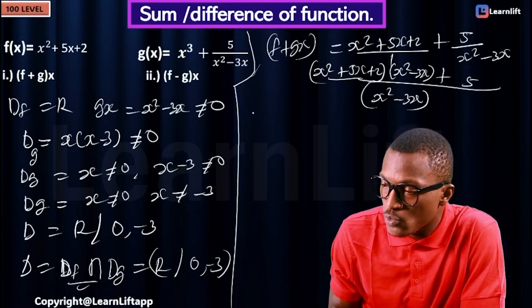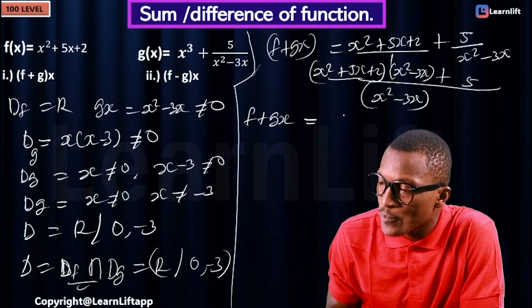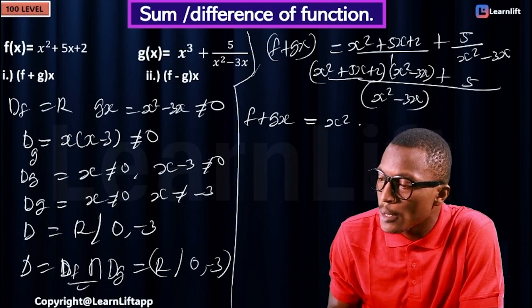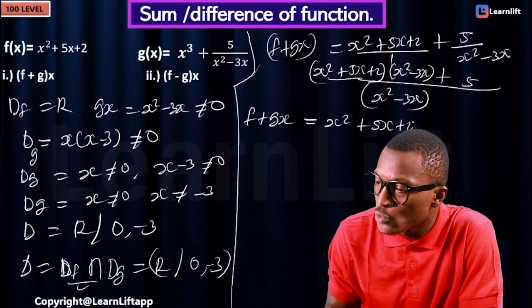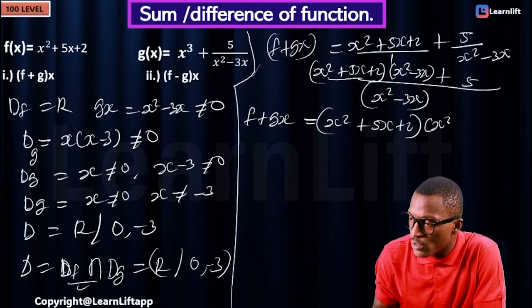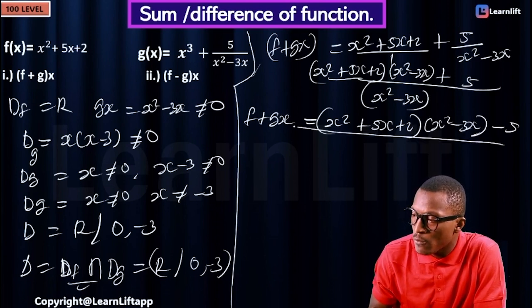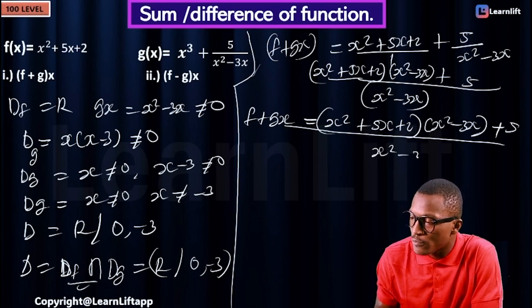So this is the answer. So f plus g of x will give me x squared plus 5x plus 2 bracket, I'm just repeating this, x squared minus 3x, minus 5? Is it minus or plus 5? All over x cubed minus 3x.